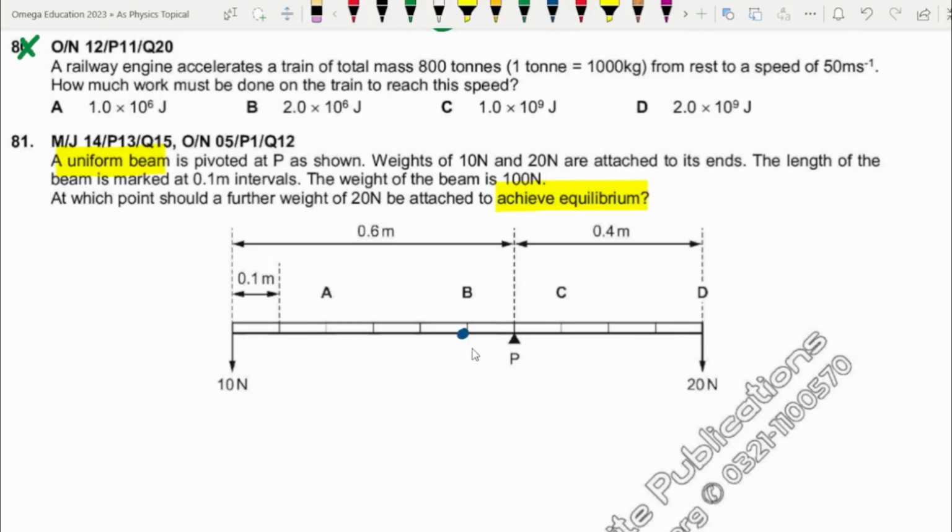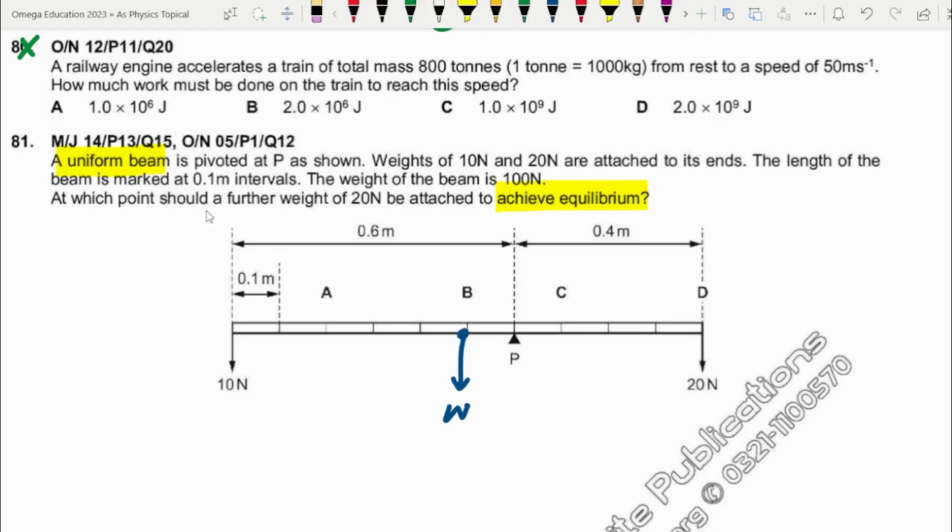It is 1 meter long. 0.6 plus 0.4, you get 1 meter. So from here till here we get 0.5 meters in total. This would be your 0.5 meters, and this is the weight of the block, and that would be at the 0.5 meters mark. So what do we need to find?